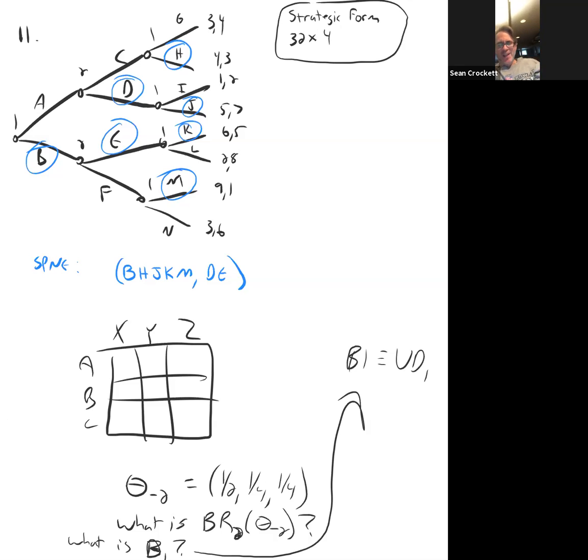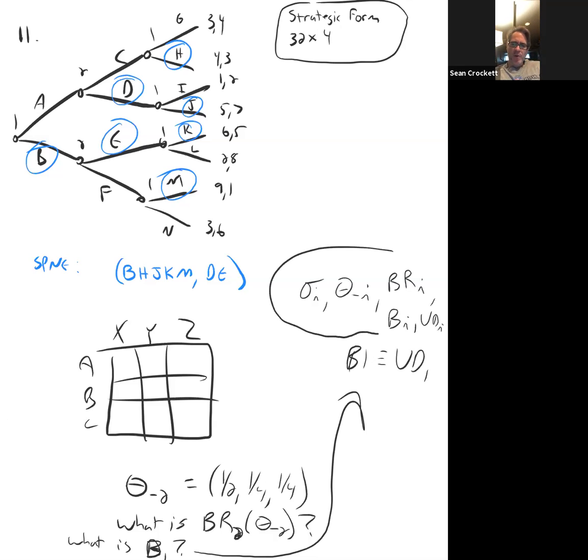So yeah, I'd say out of all the early stuff, know how to translate descriptions into trees into matrices. You're definitely going to have to be able to do that. Also know what is theta or sigma I, what is theta minus I, what is BRI, what is BI, what is UDI.